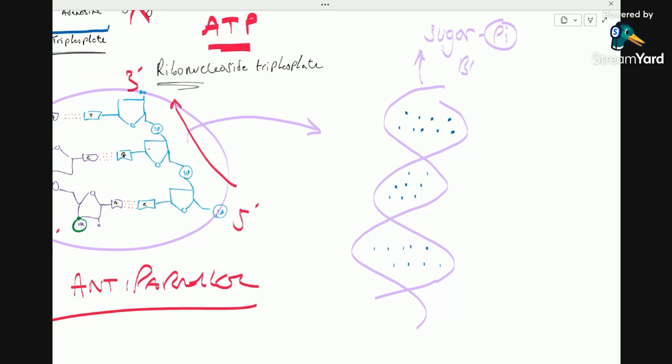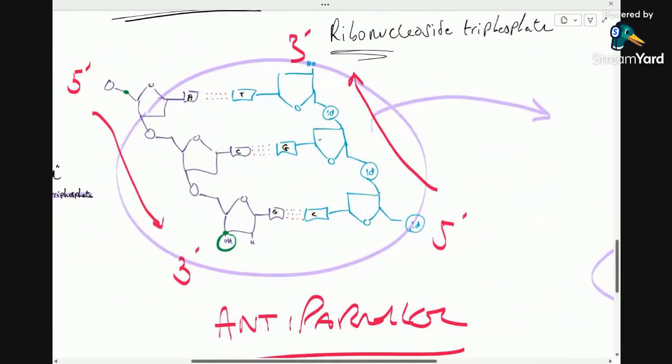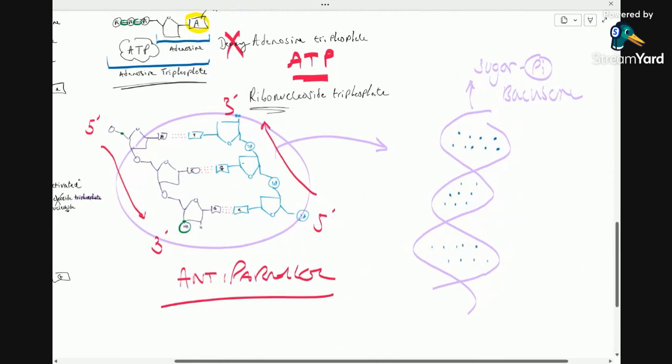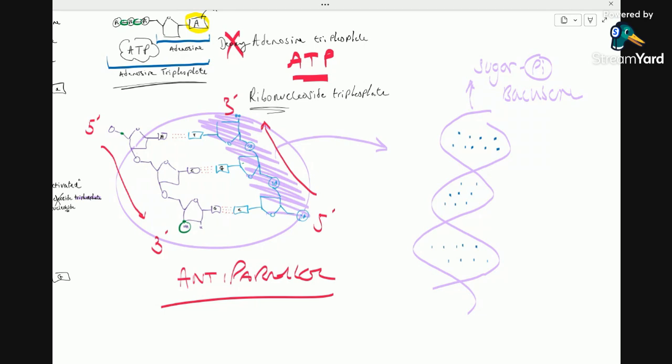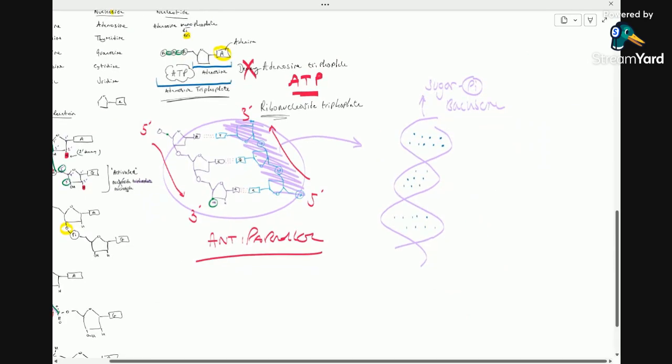Sugar phosphate backbone. And that is referring to, if I was going to highlight it here, the phosphates and the sugar on either side, and the bases stick out in the middle. Okay, so that's the double helix.